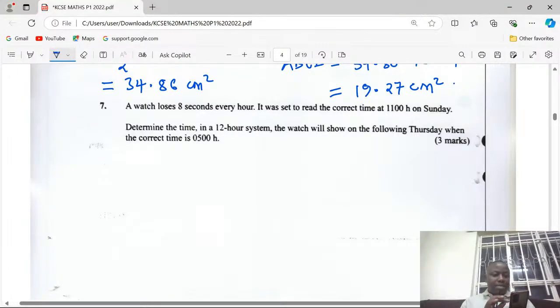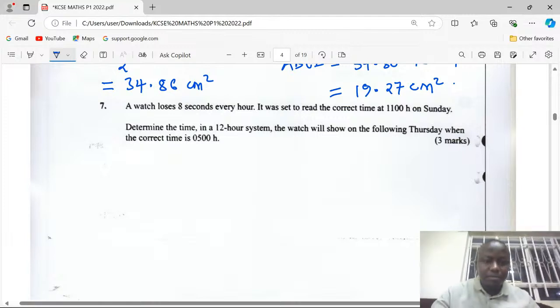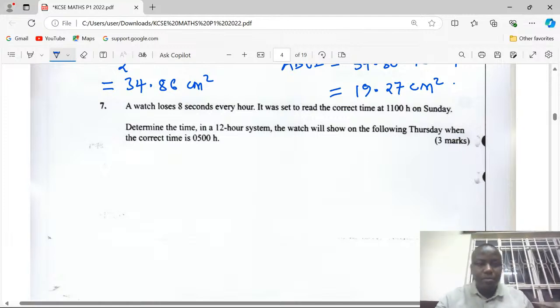We can look at number 7 now. A watch loses 8 seconds every hour. It was set to read correct time at 11:00 hours on Sunday.